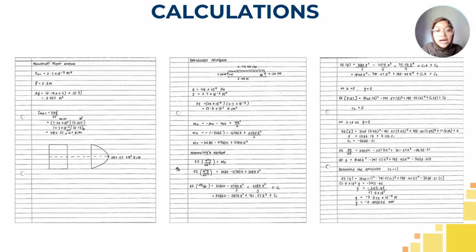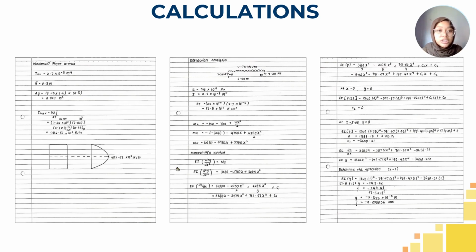Okey, jadi saya dapat satu equation iaitu 3680x saya tolakkan dengan 2375x kuasa 2 tambahkan dengan 761.67x kuasa 3 tambahkan dengan C1. Alright, untuk EIY untuk equationnya adalah 3680x kuasa 2 bahagikan dengan 2 tolakkan dengan 2375x kuasa 3 bahagi dengan 3 tambahkan dengan 761.67x kuasa 4 bahagi dengan 4 saya tambahkan dengan C1x tambah dengan C2.